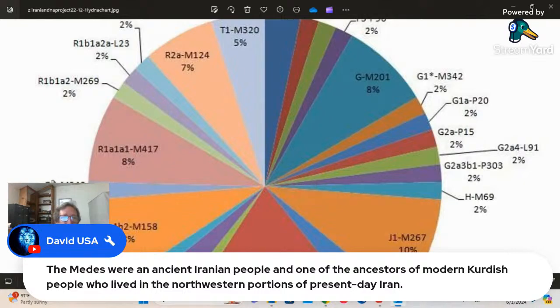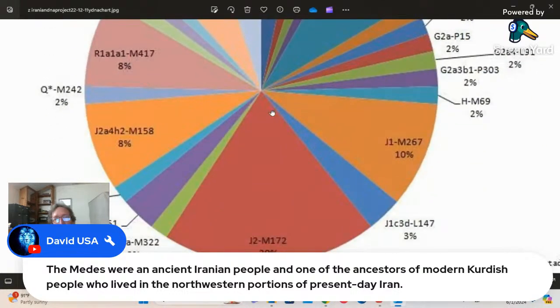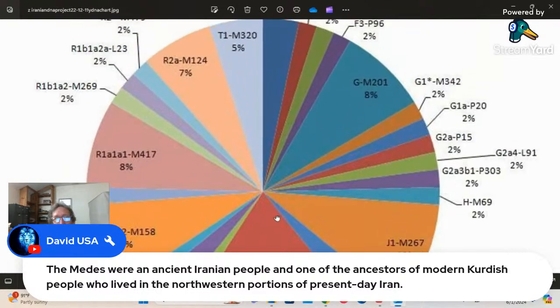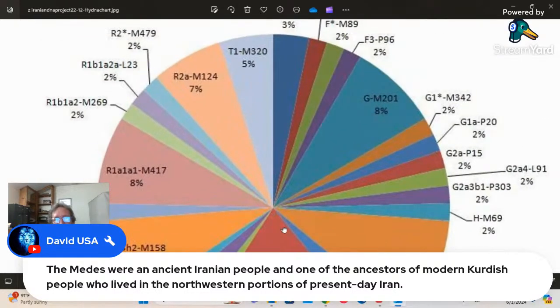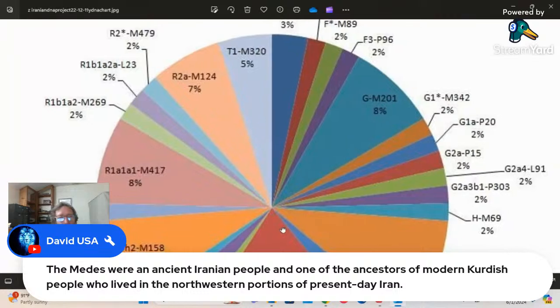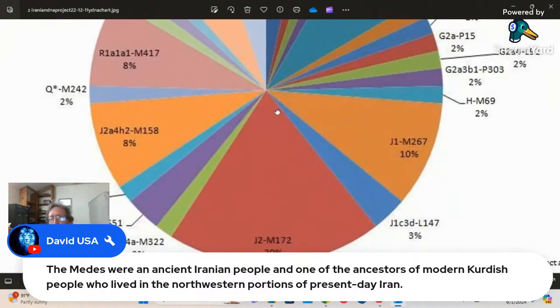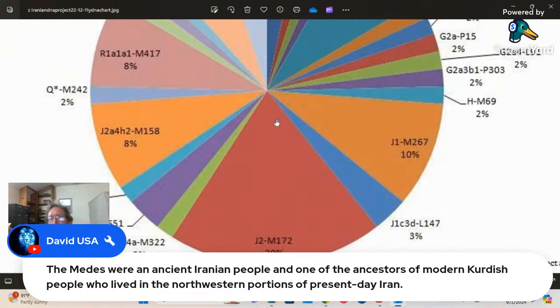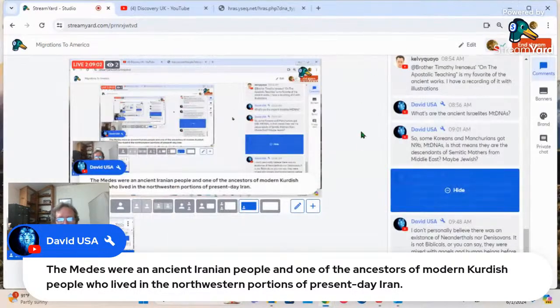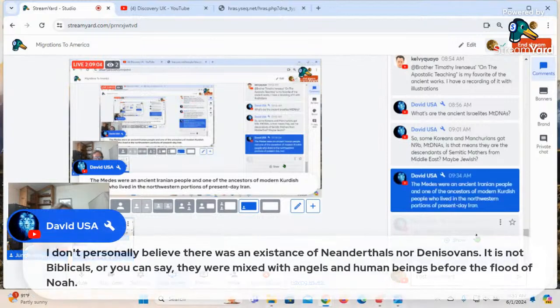Even almost half is directly paternally descended from Abraham in the Iranian population today, which is the most ironic thing ever, considering current events. But there you have it. I don't make this stuff up.